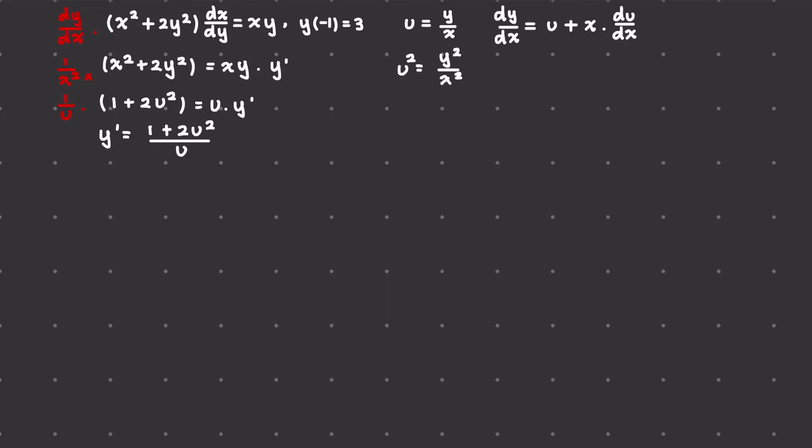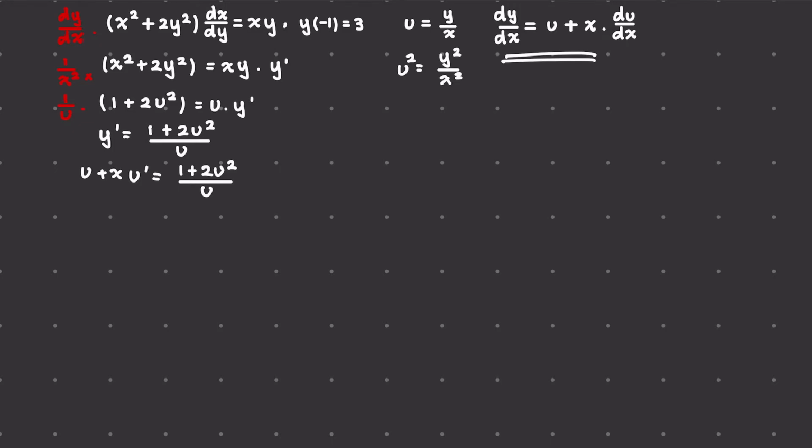And let's not simplify this yet, because we need to substitute our y prime with dy over dx here, and you'll see why. So our y prime is u plus x times du over dx, which is just u prime, equals 1 plus 2u squared over u.